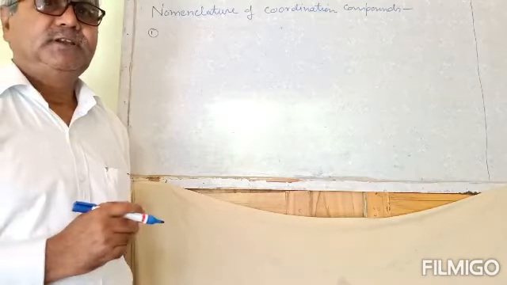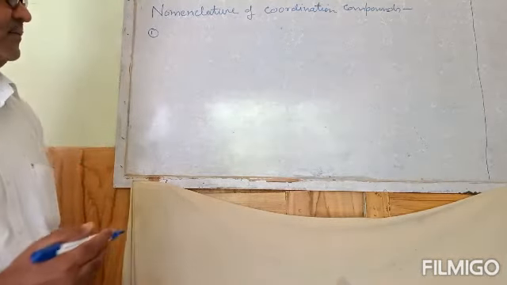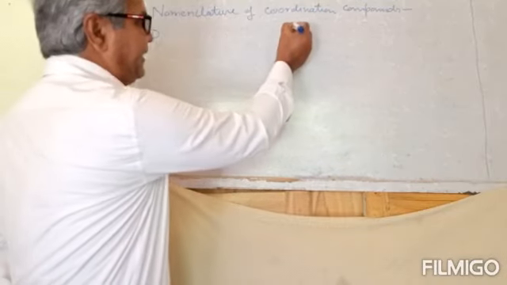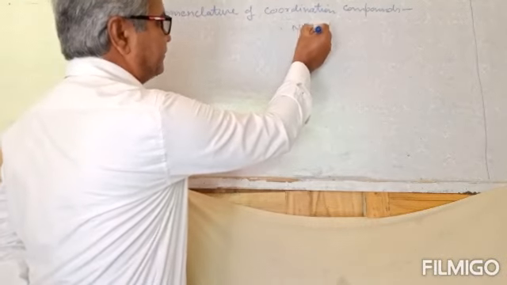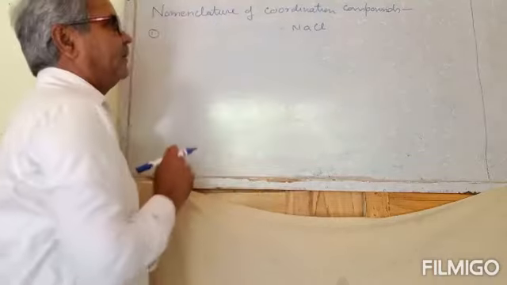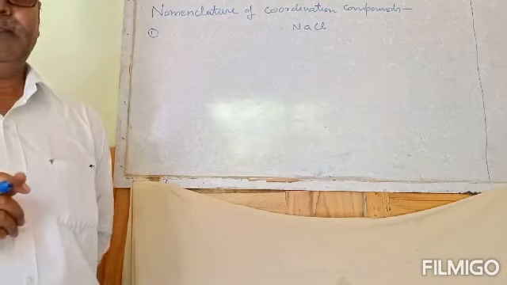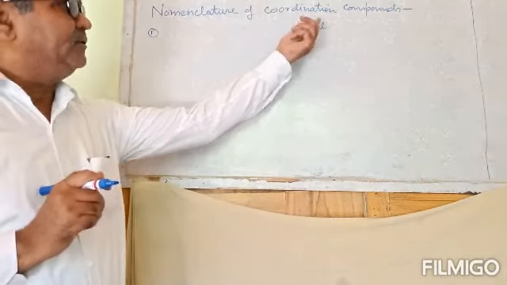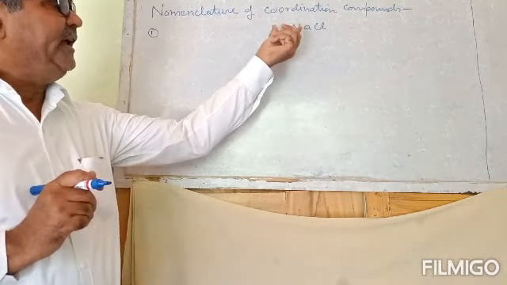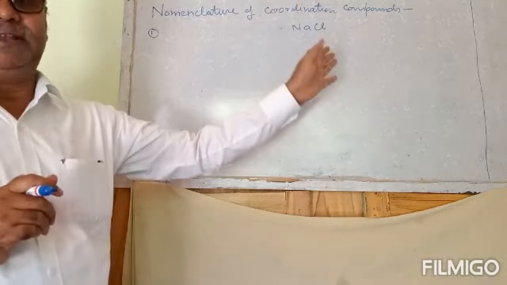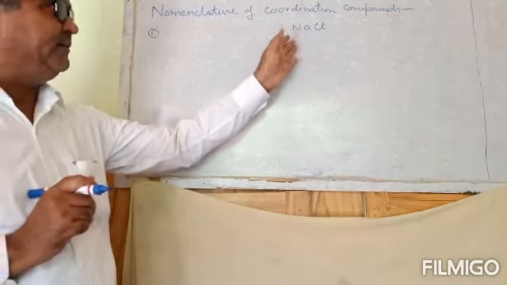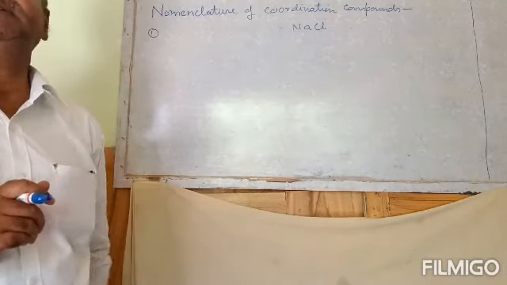This is just like for a simple salt, sodium chloride, NaCl. Sodium is cationic part, chloride is anionic part. We name it as sodium chloride. First cationic part, then anionic part.